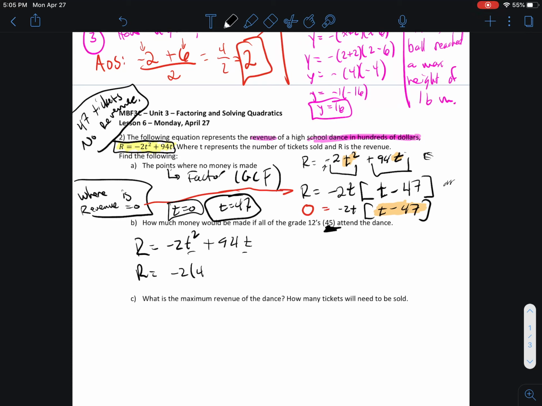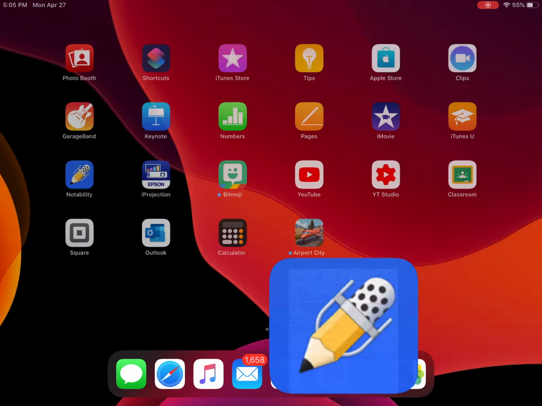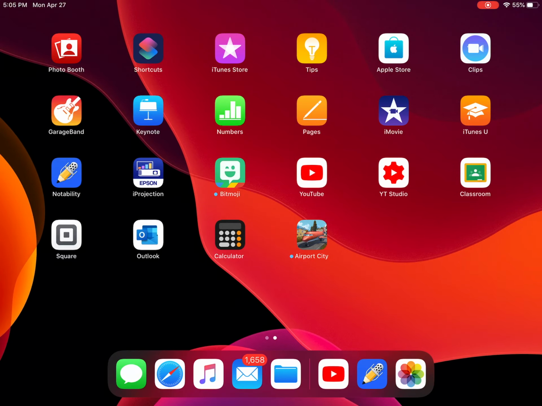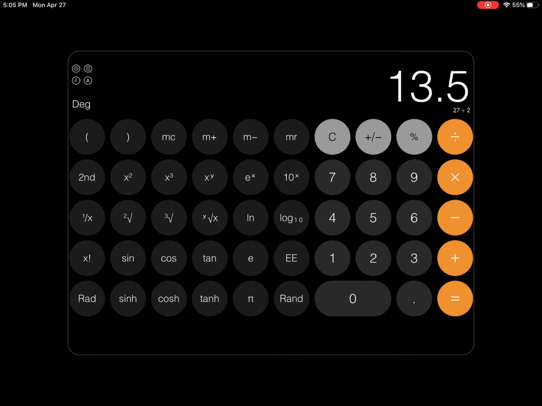So r equals negative 2 times 45 squared plus 94 multiplied by 45. And then you'd go to your calculator and type in exactly that.